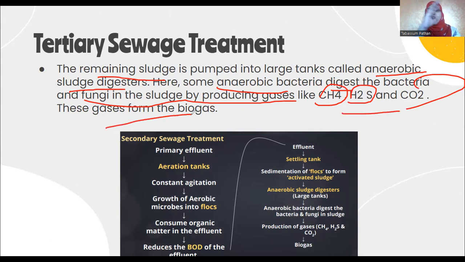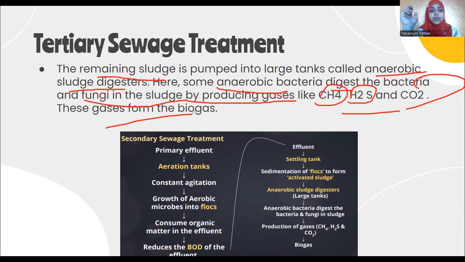So the water is now ready to be released, and the solid material, the sludge which remains in larger amount, is put into these anaerobic digesters, basically a biogas plant, where anaerobic bacteria eat up the aerobic bacteria and fungi, thereby producing gases like methane, hydrogen sulfide, and carbon dioxide, which form the biogas.